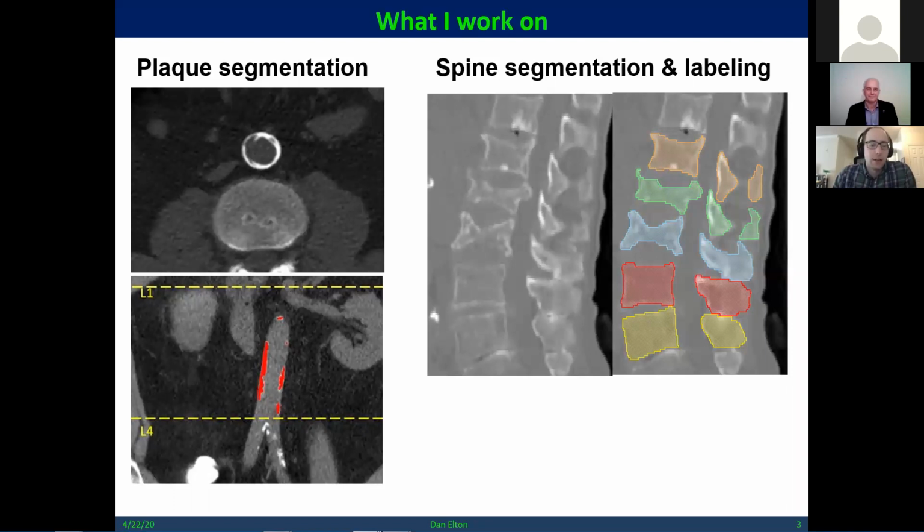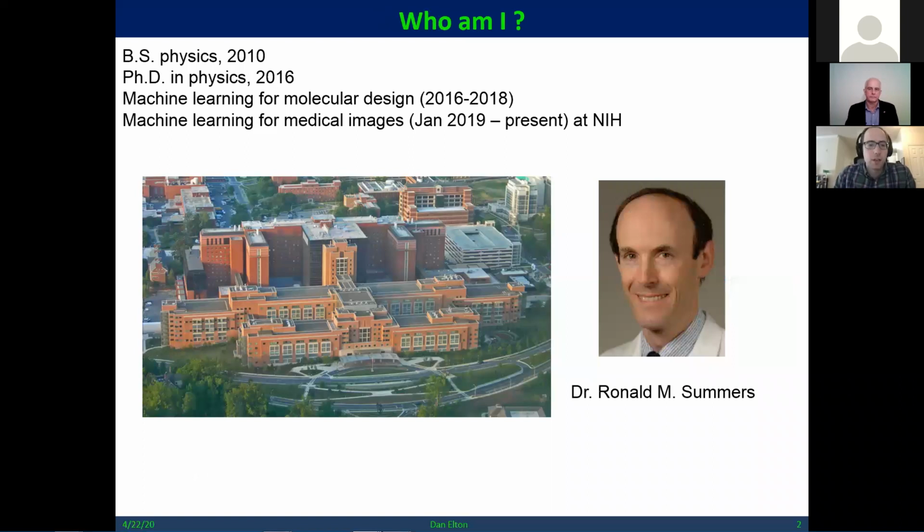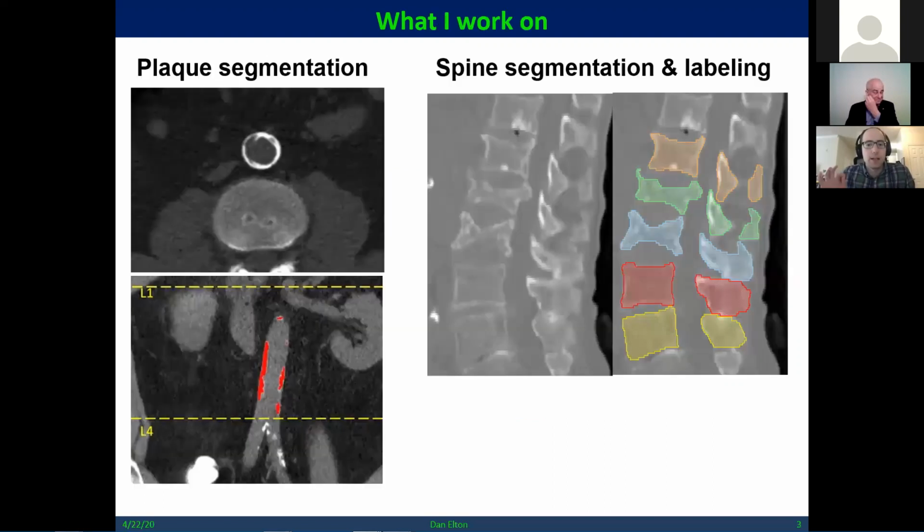I mainly have been applying AI and deep learning to automate specific tasks in medical image analysis. The specific thing I work on is like colorizing certain things in the images, which we call segmentation.